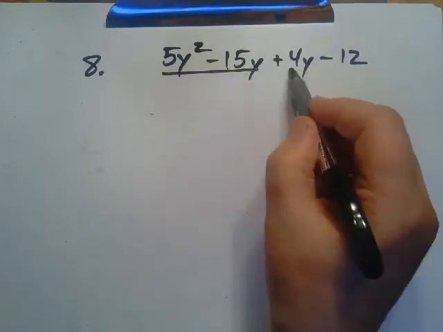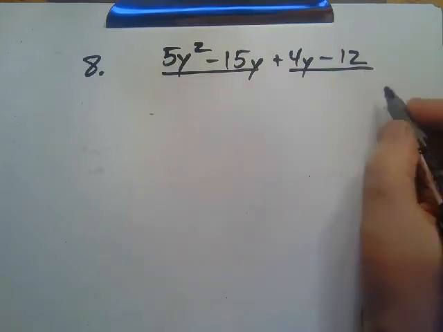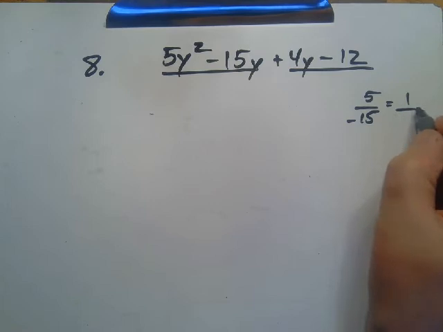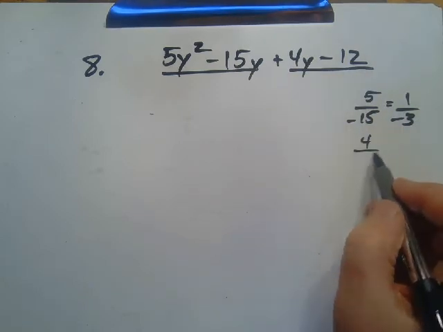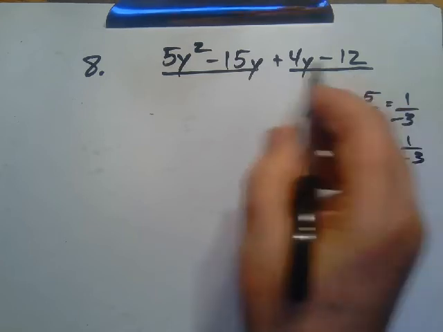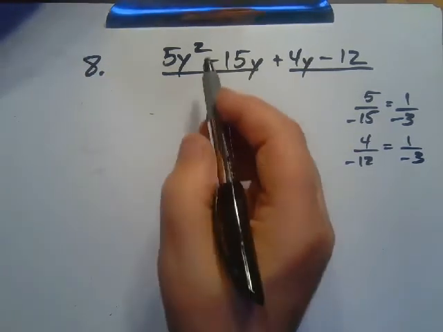I'm going to underline these two groups and see what my ratio is. 5 to negative 15 reduces to 1 over a negative 3. And 4 to negative 12 also reduces to 1 over negative 3. So that is the right ratio, just the way it's printed there. So we're going to go ahead and factor this.